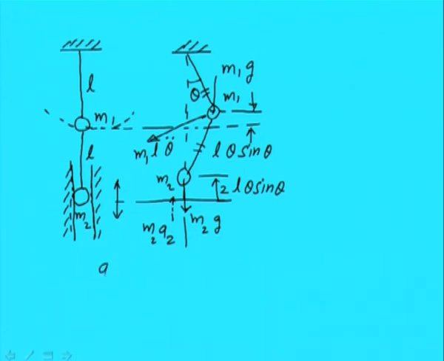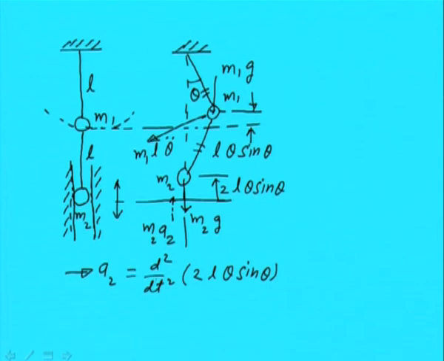This a2 can be obtained because this particular ball is having this much displacement, so the double derivative of that will give us its acceleration. Actually, this particular acceleration has a very insignificant contribution toward the virtual work done.